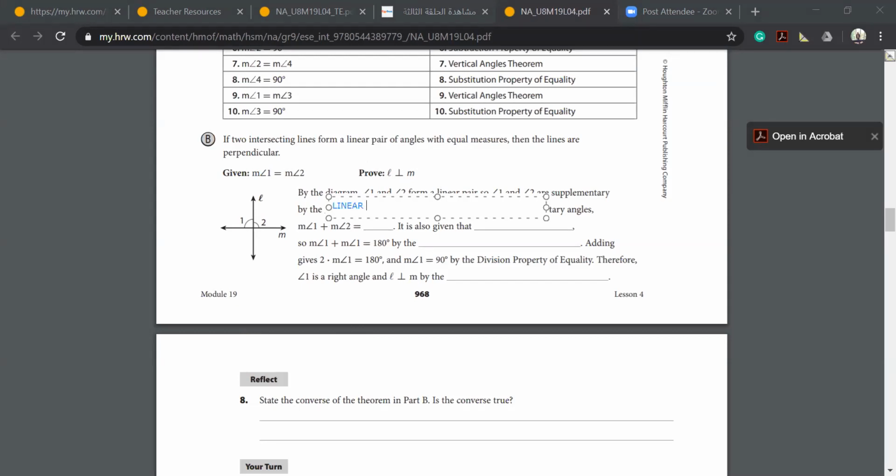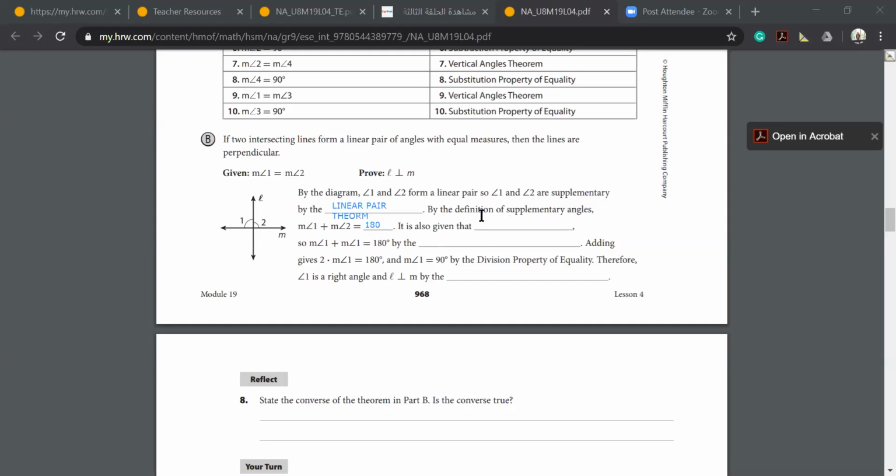Okay, so by the definition of supplementary angles, measure angle 1 plus measure angle 2 should be what, girls? Should be 180. Exactly. It should be exactly 180 degrees.